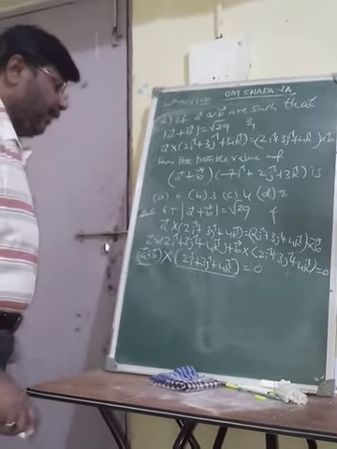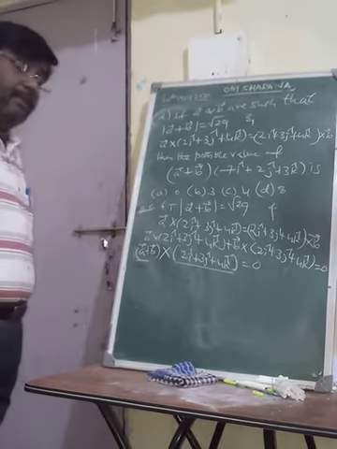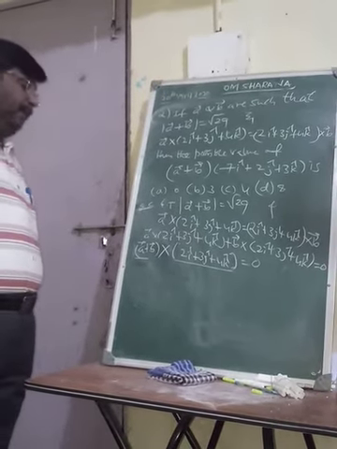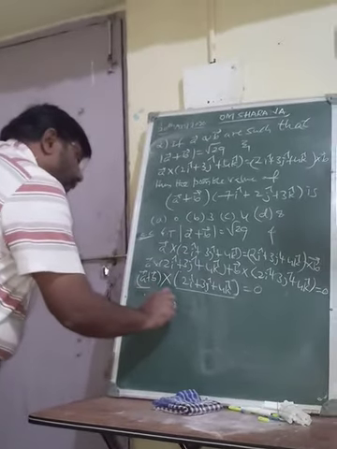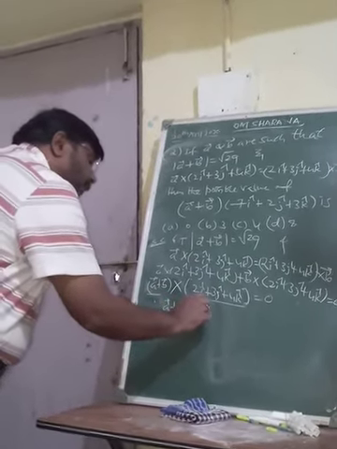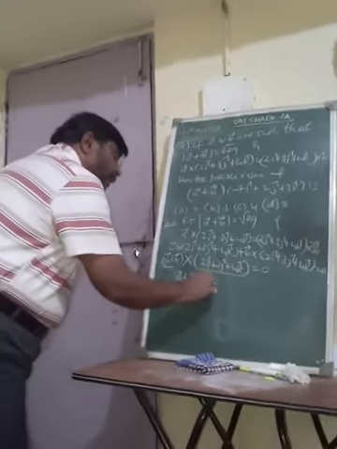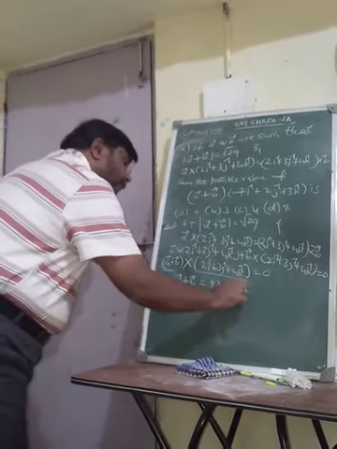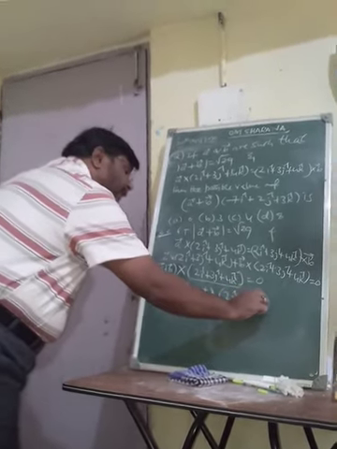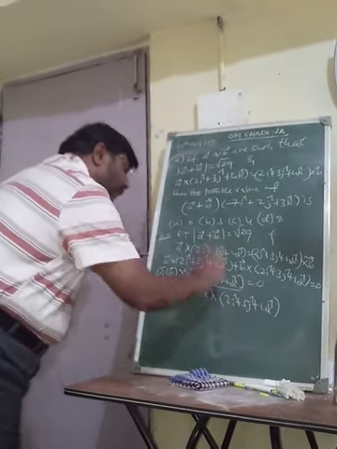You know the condition for the parallelism of the two vectors A and B is vector A equal to lambda times B. Therefore, this vector A plus B is equal to, we don't know whether lambda is positive or negative, plus or minus lambda times 2i plus 3j plus 4k.